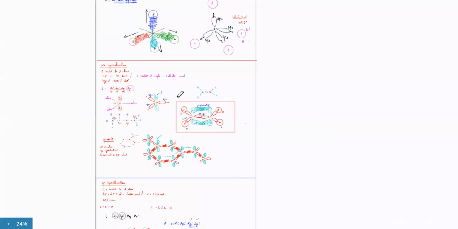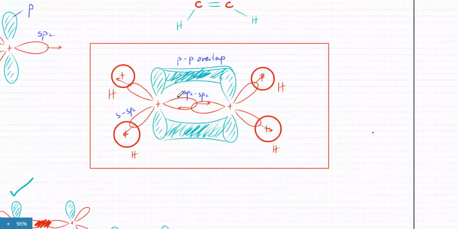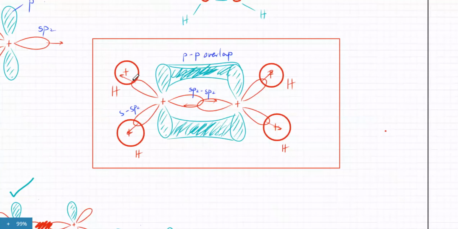This is carbon. One carbon has three sp2 hybrid orbitals. There's overlapping with hydrogen, that's s overlapping with sp2. In the middle, sp2 and sp2 of the two carbon atoms overlap.